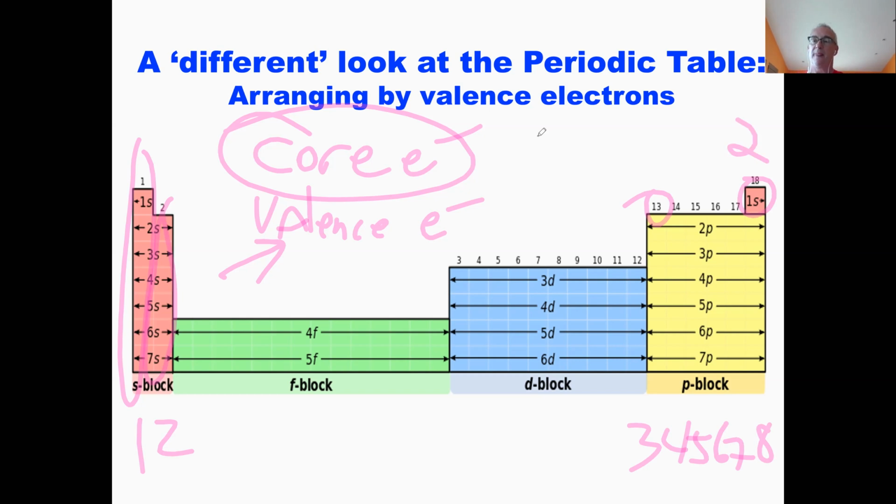It only has 2. But they have 8. So that's a completely filled shell. Then we go back to 1, 2, 3, 4, 5. So you see there's a pattern that repeats itself over and over.